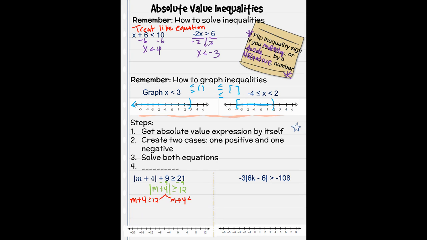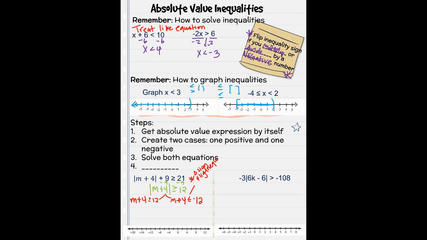So we need to flip that inequality. So when you're changing the sign, that little triangle means change. Changing the sign, you flip your inequality. Okay? That's why I went over it up there.